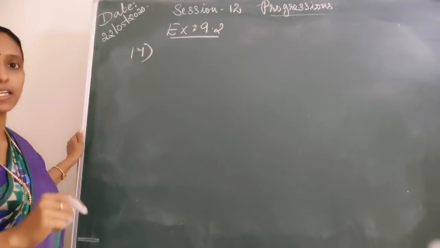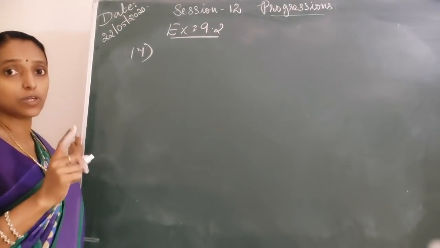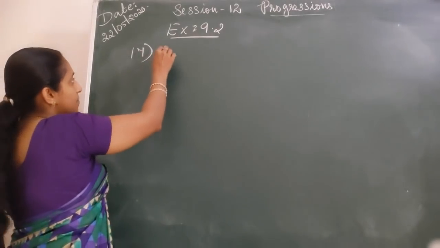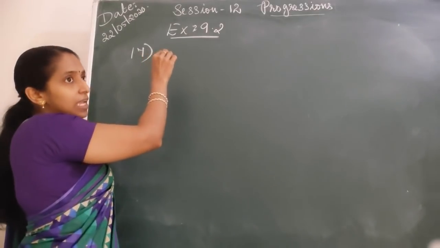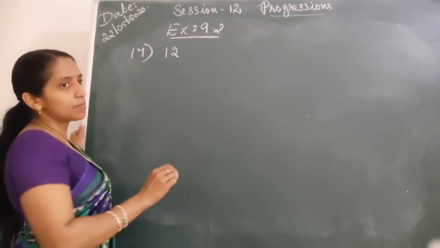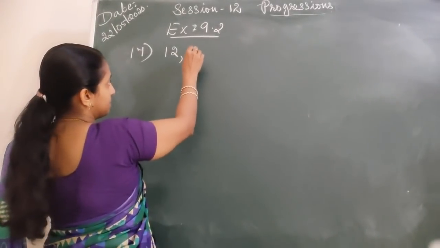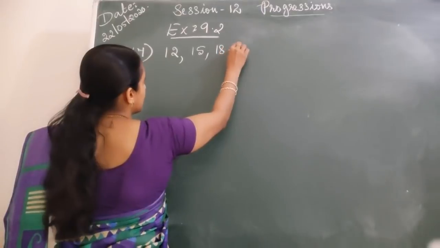Our 2-digit numbers divisible by 3, starting with 10. 10 is not divisible by 3. 11 is also not divisible by 3. So the first number divisible by 3 is 12, then 15, 18, etc.